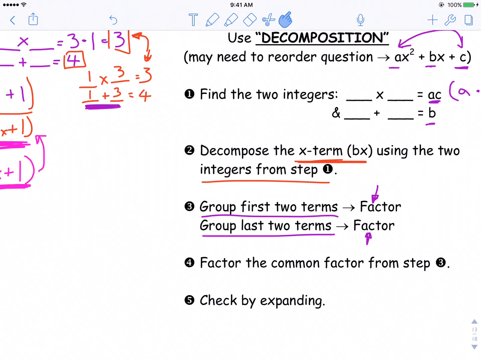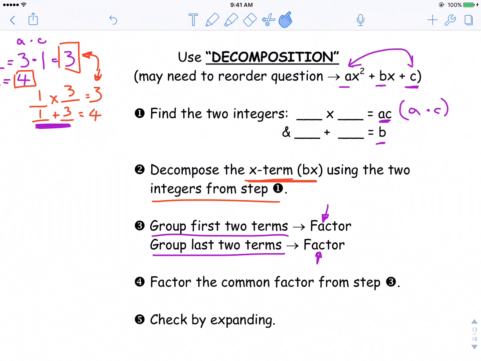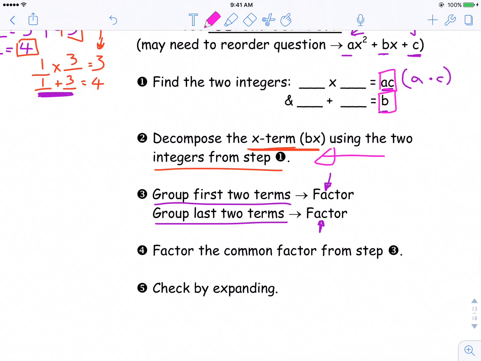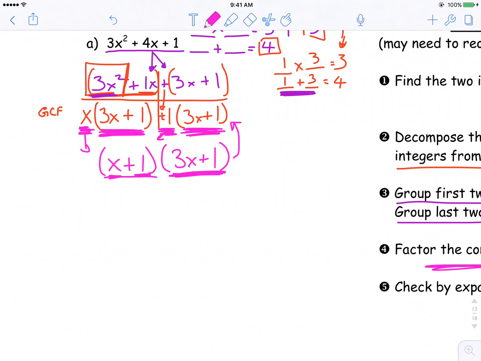So step 1, find our integers, which multiply together to give a times c, and add together to give b. Once I have those numbers, I decompose that middle term into them. I factor a greatest common factor out of the first two terms, I factor a greatest common factor out of the third and fourth terms, and then from here, the common factor is one of our factors, the 3x plus 1, and then I'm left with my other factor.